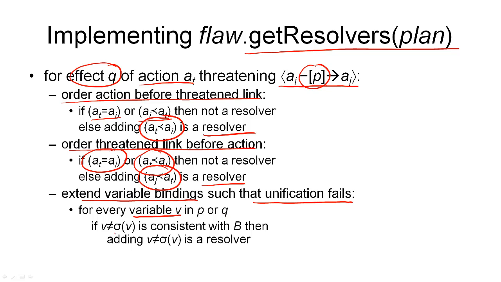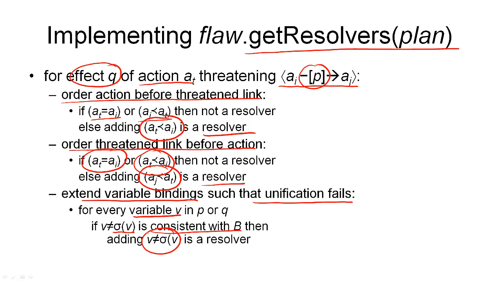So if we computed earlier our substitution of V must be a specific value, sigma of V, then asserting that our variable V must not have this value is of course a potential resolver, but it is only a resolver if this is consistent with the variable bindings currently in our partial plan. If it is consistent, then this is a resolver. Adding this variable binding constraint is a resolver for our flaw.